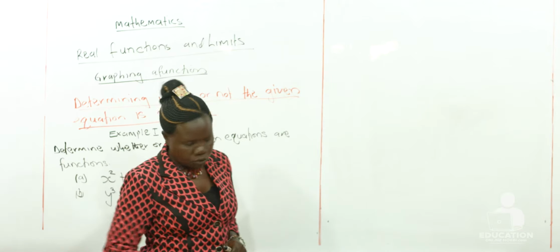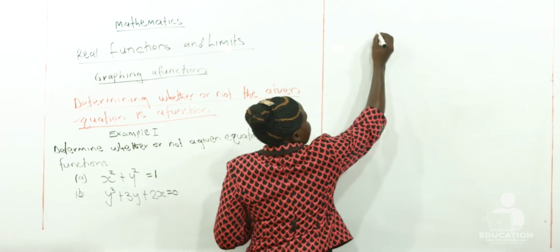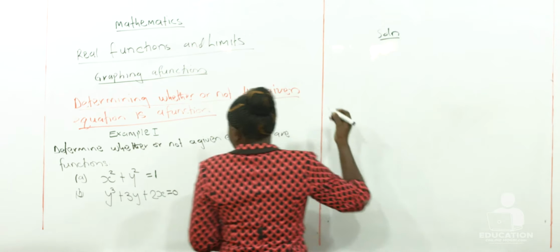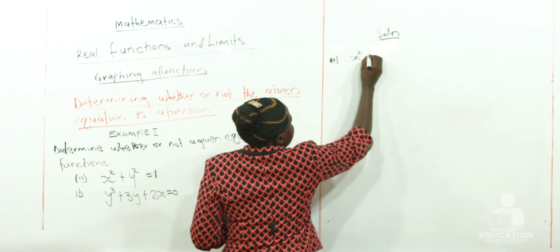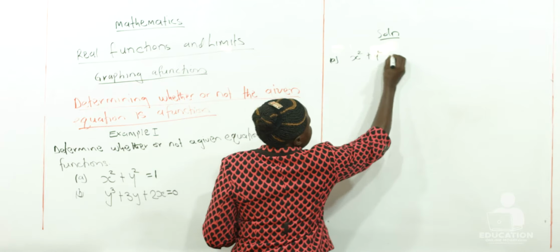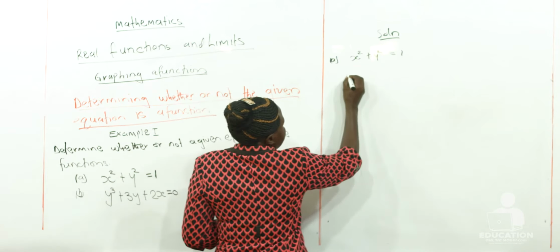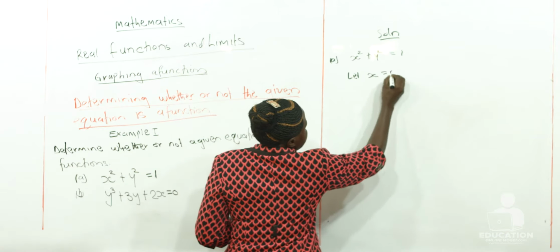So, let us go to the solution of this. Our solution for part A: x squared plus y squared equals 1. Therefore, let x be 0.